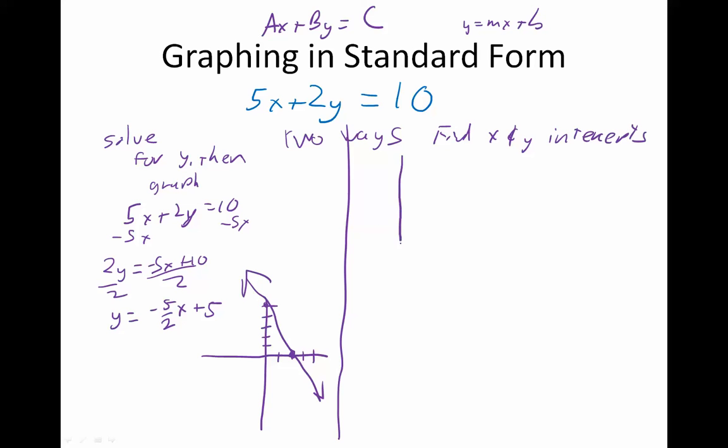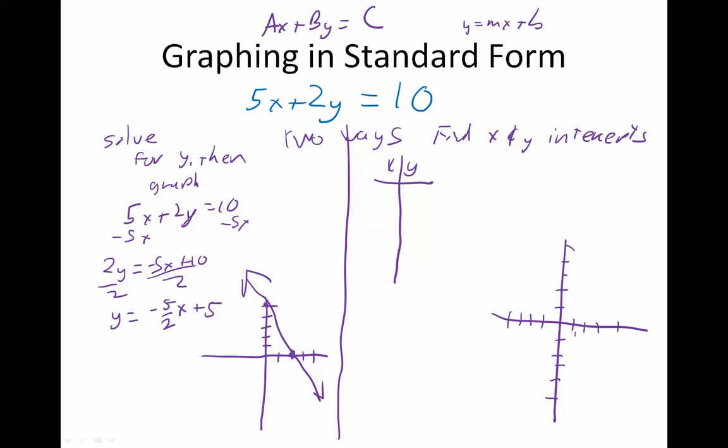To find x and y intercepts, we're going to make a little bit of a table. I'm going to choose a couple numbers to plug in, particularly the numbers that are going to get me to cross the y-axis and the x-axis. So if I want to know where it crosses the y-axis, what is the x value on the y-axis?